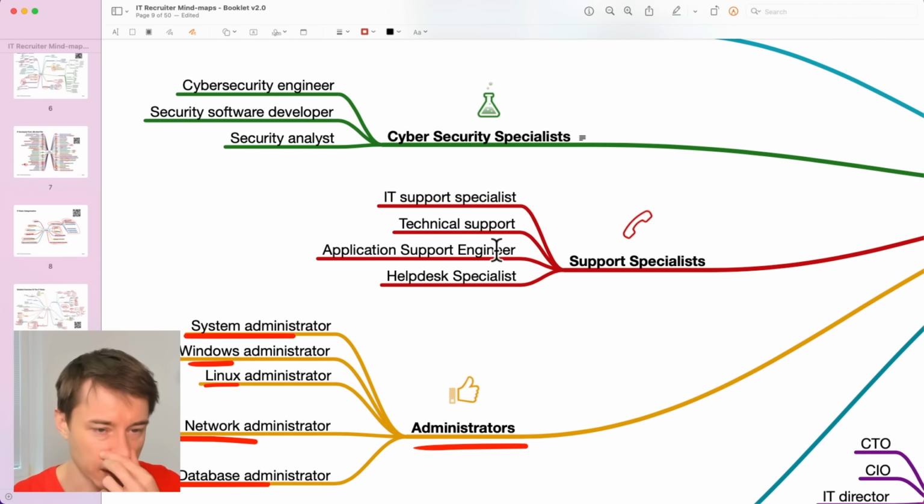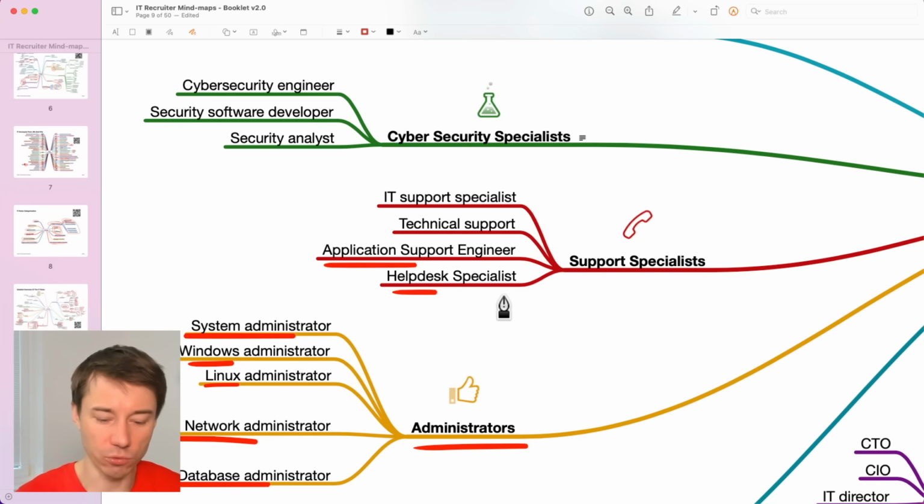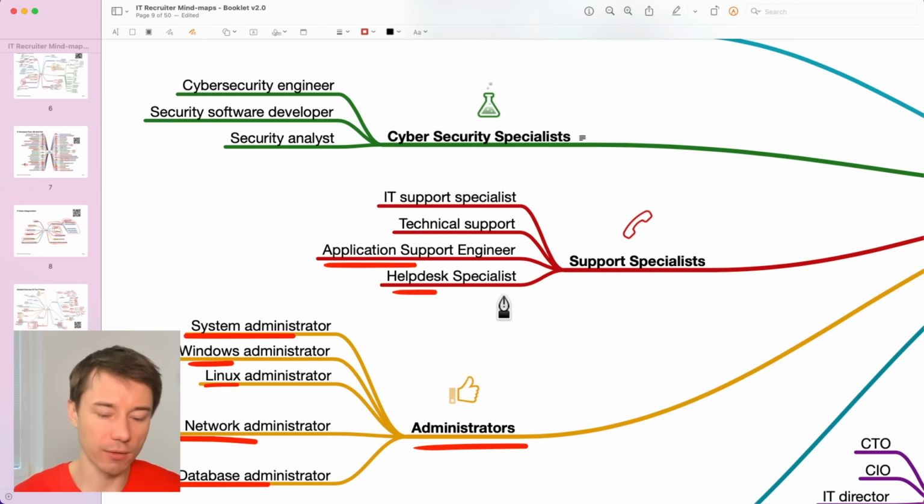Support specialists include, for example, IT support specialists or technical support person, application support engineer, help desk specialist. Some of them are customer facing, so those may help customers to overcome some of the technical challenges, while others may be seen as employee facing.